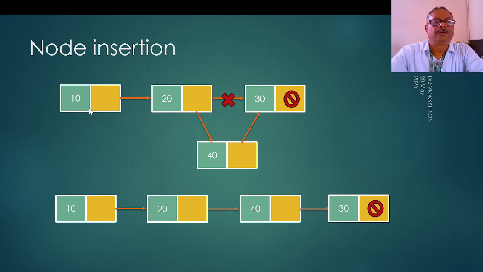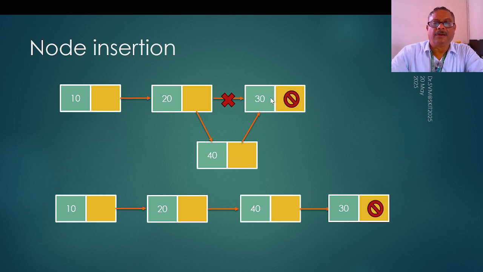So here we don't touch anything at the node with value 10. We only work with the node with value 20. We rewrite the address of this new node, and then the address of this node we copy here.